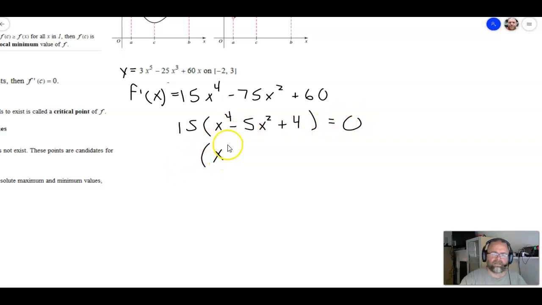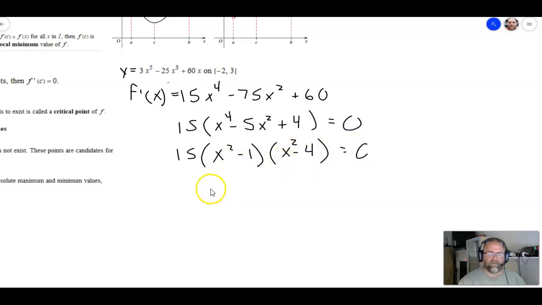So we're going to get x squared minus 1, and don't forget about the 15 there, x squared minus 4 is equal to 0. So if you set both of these factors equal to 0, you're going to get 4 critical values. So x is equal to positive and negative 1 and positive and negative 2. So we got 4 values, which is right because we have a 4th degree polynomial there.